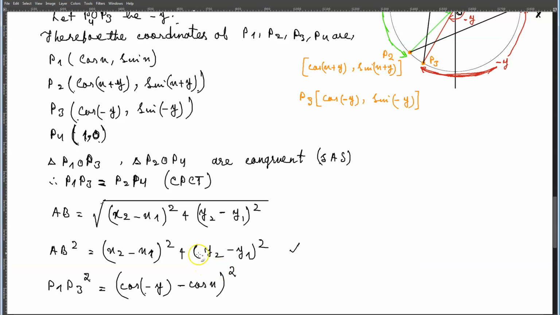They have actually written this the other way around, so I'm going to do the same thing. Instead of writing cos of negative y, you can simply write cos of y, because you know that the cos of negative y is equal to the cos of y, right?